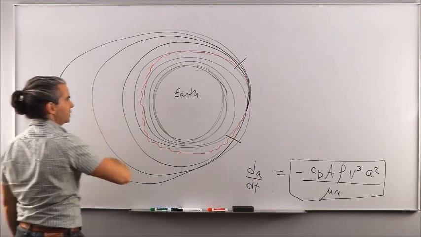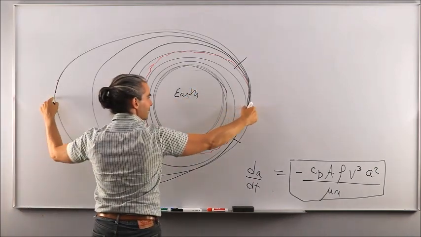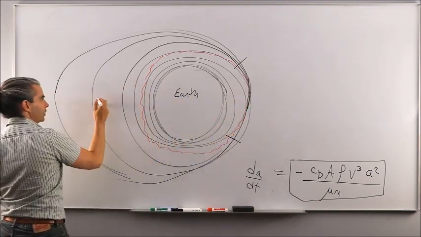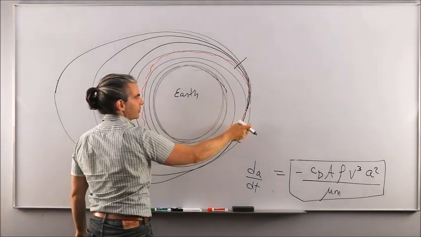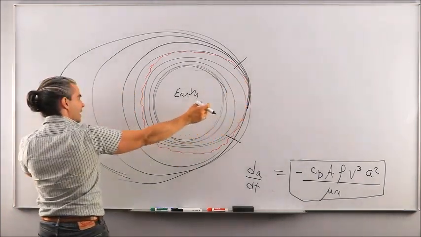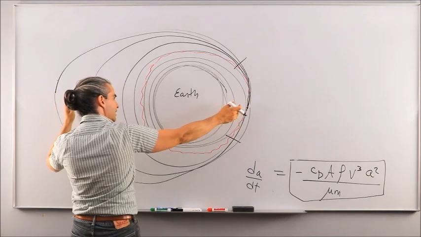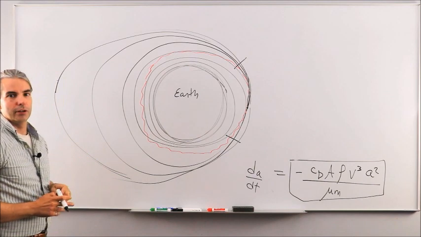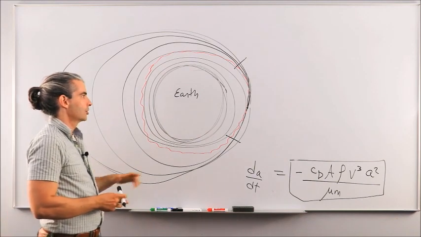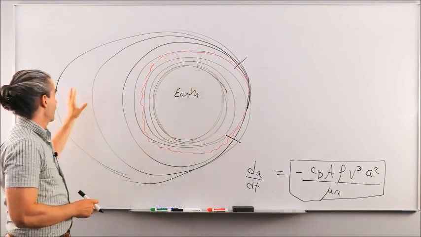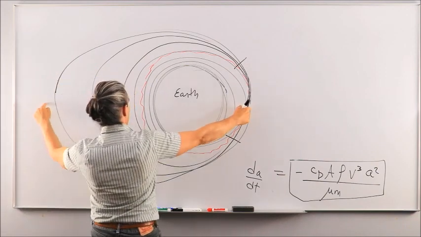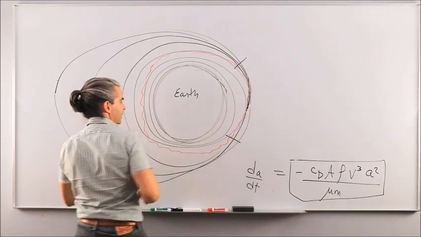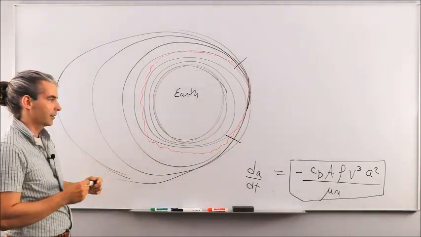And as you could see through the process, I went from a highly elliptical orbit, slowly decreasing the apogee altitude, yet not changing the perigee altitude much. So the result is that I am effectively decreasing the eccentricity of the orbit by completing one orbit after the other. Okay? So in other words, I am circularizing the orbit. I went from a highly elliptical orbit down to a circular orbit that spirals itself down into the atmosphere. This is the effect of drag.